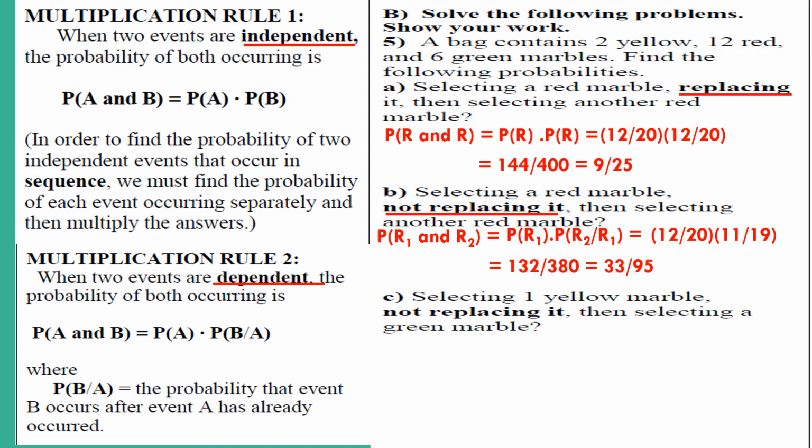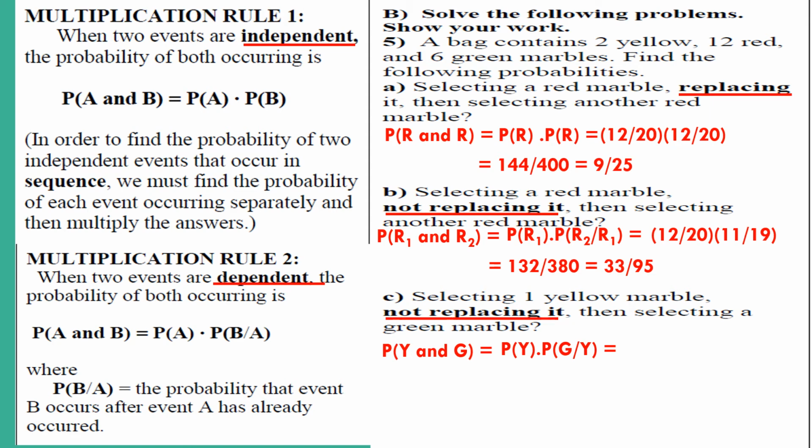C. Selecting one yellow marble, not replacing it, then selecting a green marble. So this is just similar to letter B. We have the probability that the first is yellow and the second is green is equal to the probability that it is yellow times the probability that it is green after the yellow has occurred.